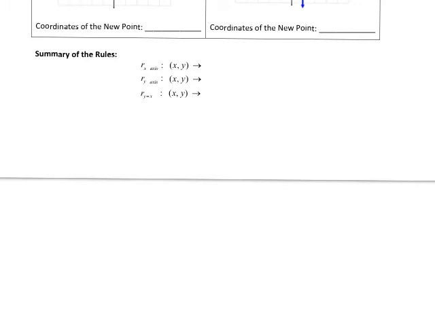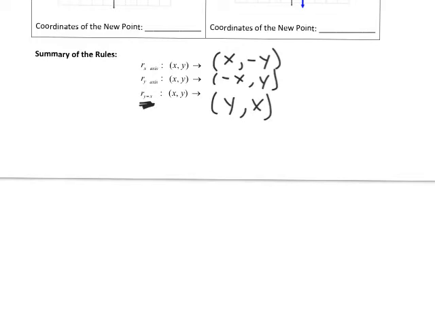The rules for the first three: if I'm reflecting over the x-axis, I'm negating the y. So reflecting over the x-axis, (x, y) is going to map to (x, -y). If I'm reflecting over the y-axis, I'm negating the x. So (x, y) turns into (-x, y). And then if I'm reflecting over the line y equals x, (x, y) turns into (y, x).